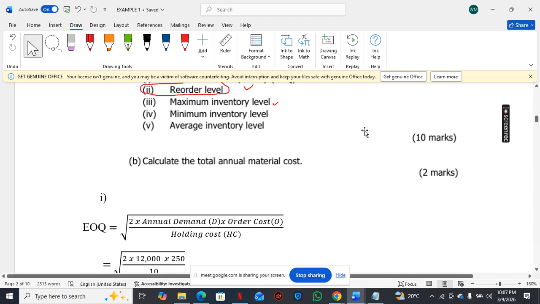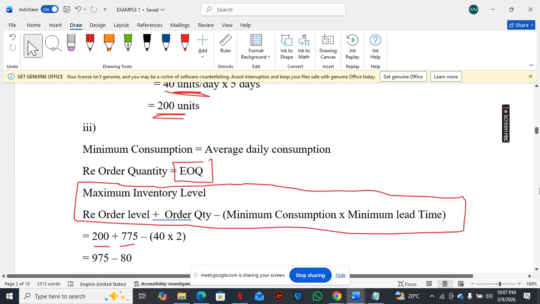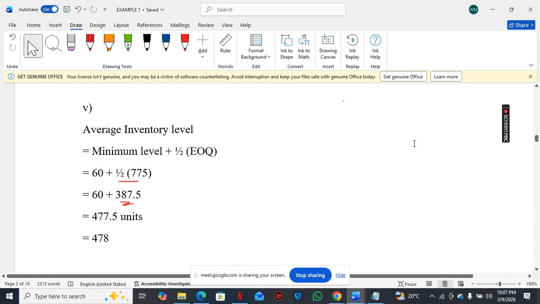Okay. So next we have to get the average inventory level. It's just the minimum level plus half of the economic order quantity. Minimum level 60 units. Our economic order quantity 775 units. So half of 775 you get 387.5.